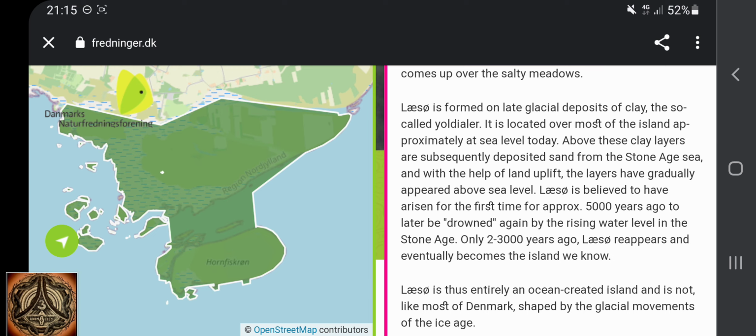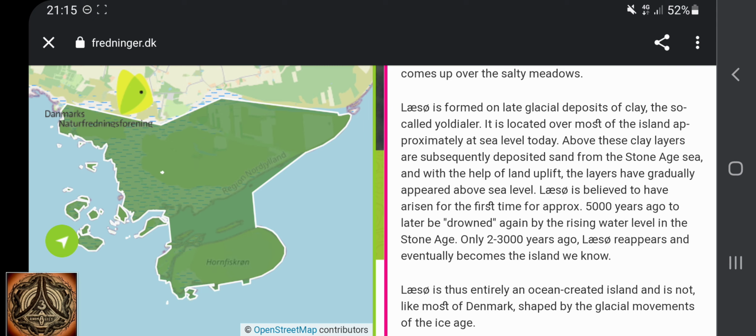Læsø is formed on late glacial deposits of clay, so-called Joldiler. It is located over most of the island, approximately at sea level today. Above these clay layers, sand from the Stone Age sea was subsequently deposited.